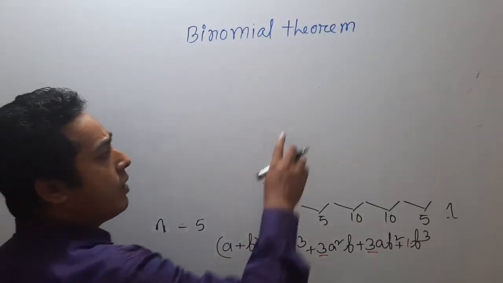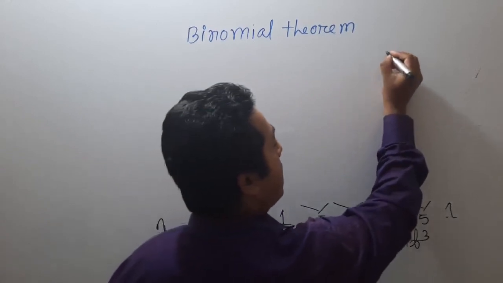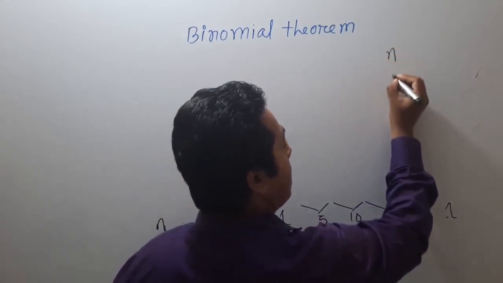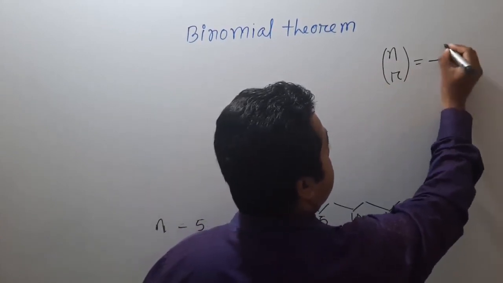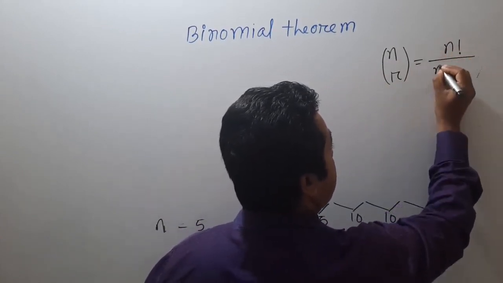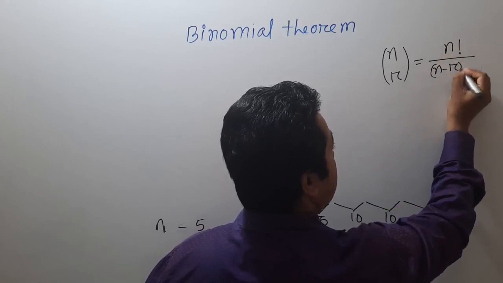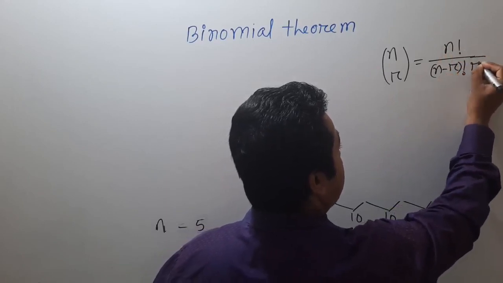Okay, now we can use this symbol, n r, which is equal to factorial n over factorial n minus r and factorial r.